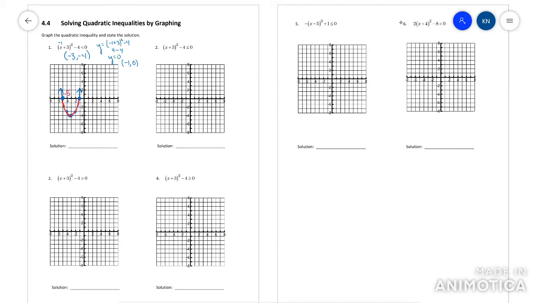So that's from -5 to -1. Since it's one continuous piece, I can just write it as -5 is less than x, which is less than -1. Or in interval notation, that would be parentheses -5 comma -1, like this.